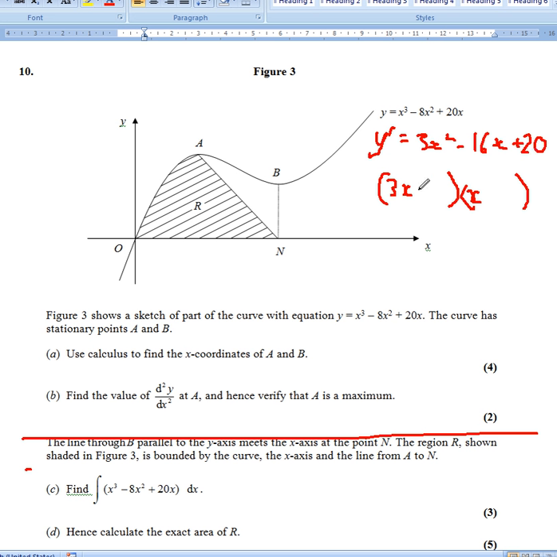So minus 10 here, and minus 2 there, that should be right, minus 10, minus 16, so that's right. So x equals 2 or x equals 10 thirds.